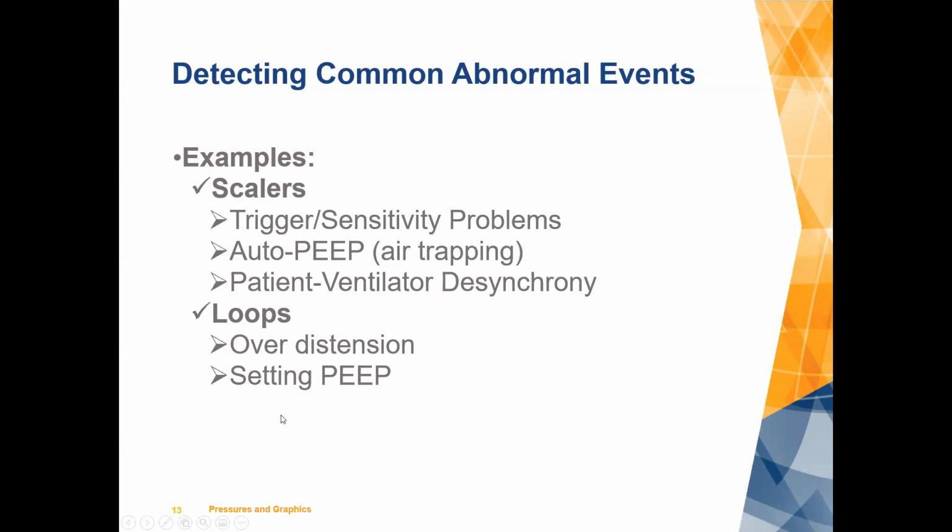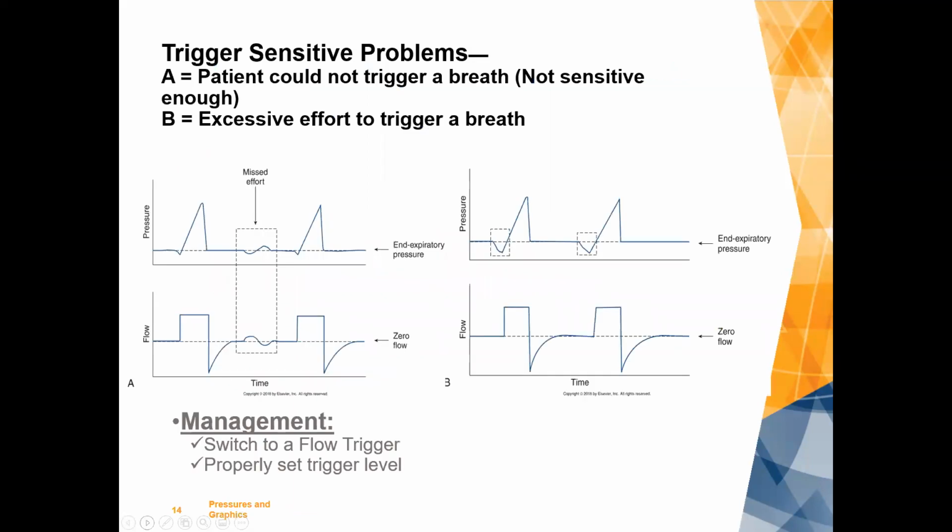Some of the loops we're going to look at are what you might see in overdistension, and what might also be helpful in looking at a pressure volume curve in setting PEEP. I alluded to that as I started the presentation, but it's to give you as clinicians, and the physicians and nurses you work with, some guidance. Let's not be arbitrary about this. Let's look at what's appropriate for the patient.